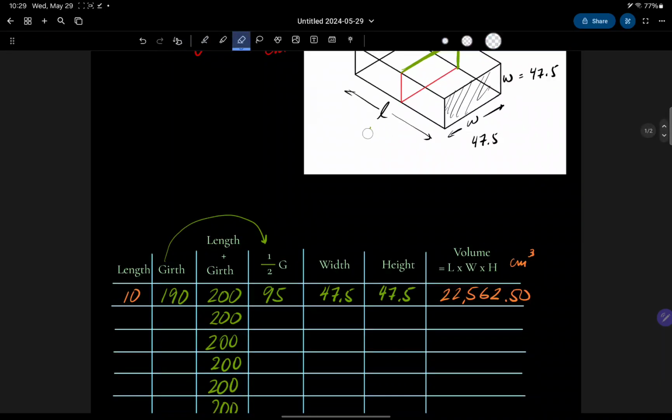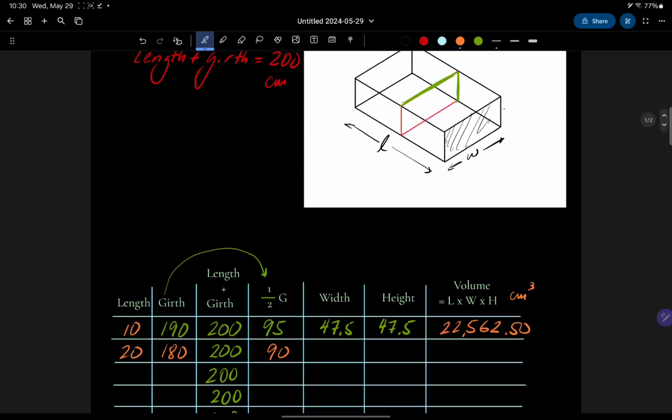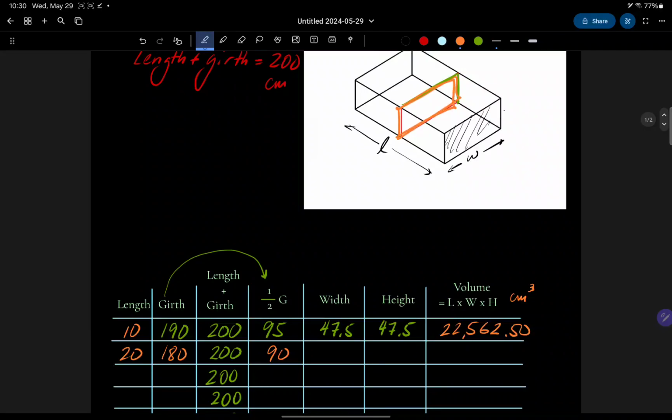Now, if we go to the second assumption, which is that the length is now, instead of 10, 20. 200 minus 20, which is the length, will give us the girth, which is 180. And then half of the girth, 180 divided by 2, is 90. This 90 is only from here to here, from left to right, and then from top to bottom.